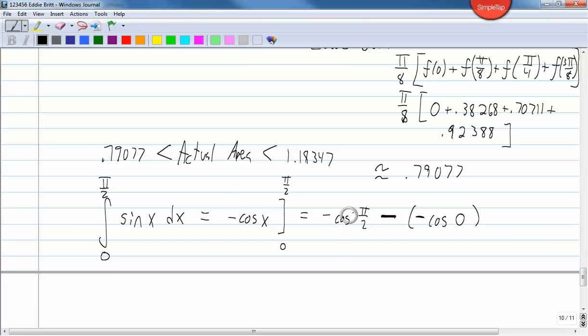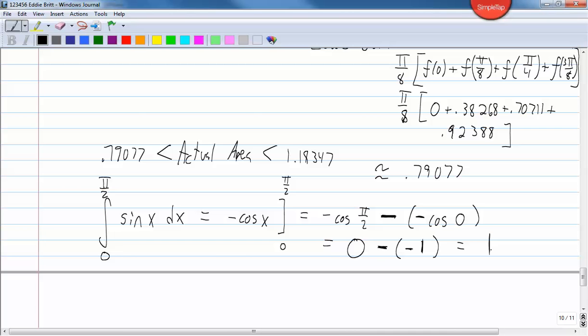So this is negative. What's the cosine of pi over 2? 0. Minus negative. What's the cosine of 0? Cosine of 0 is 1. So it's equal to 1.